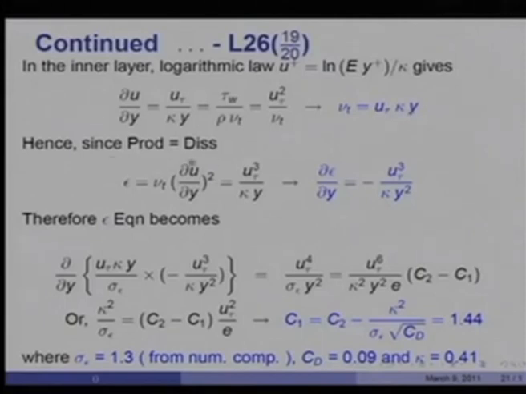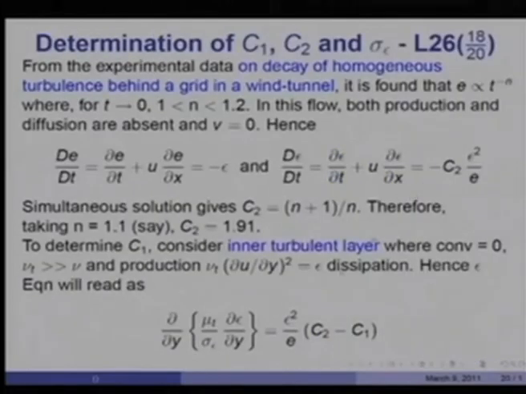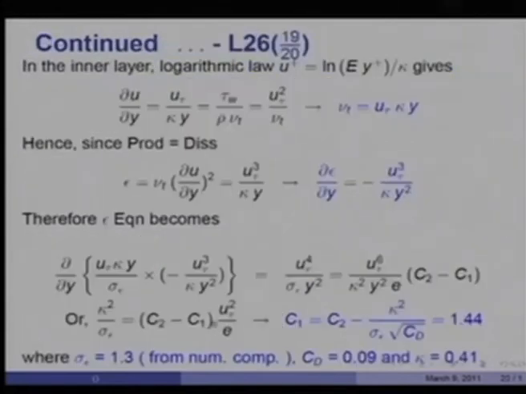And hence, since production is equal to dissipation, epsilon would be nu t du by dy whole square, equal to u tau by kappa y, which gives relationship between epsilon and y, and therefore, d epsilon by dy would be minus u tau cube over kappa y square. So, if we now substitute d epsilon by dy here in this equation and also take mu t appropriately as shown here and d epsilon by dy as shown here.